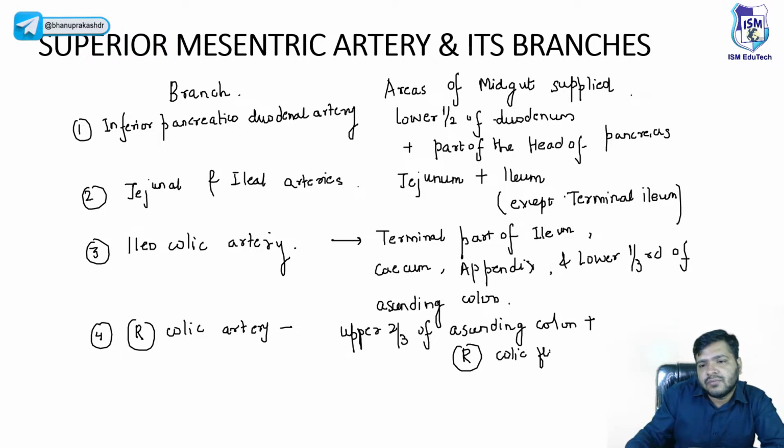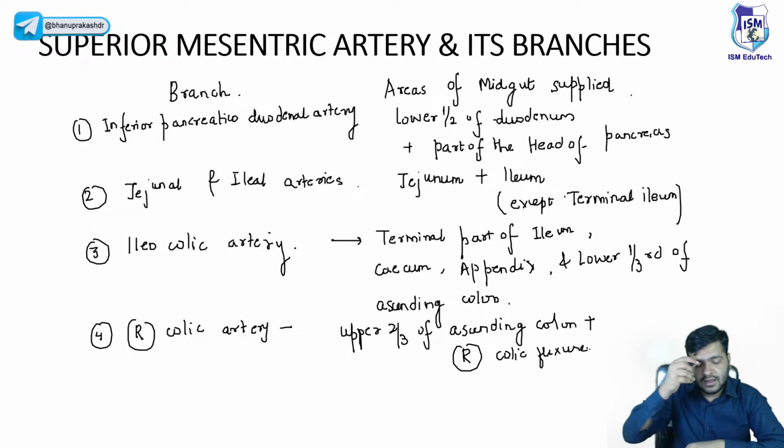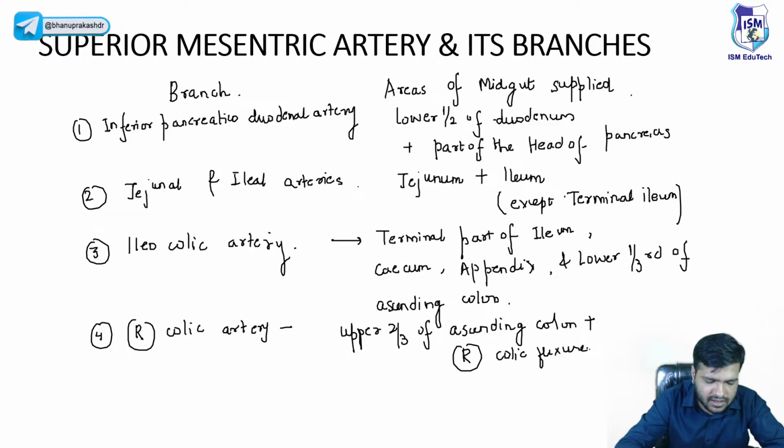I think Anushka has already answered it: it is the hepatic flexure of the colon, or the right colic flexure. We have two flexures, right and left. The right colic flexure, or hepatic flexure, is supplied by the right colic artery.